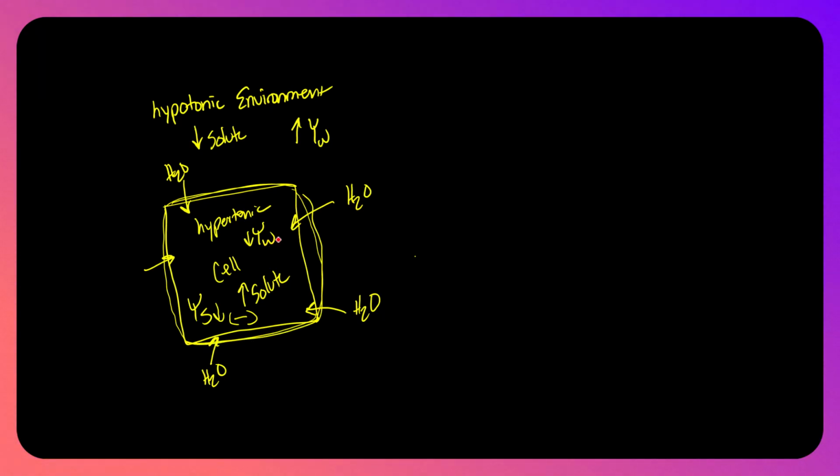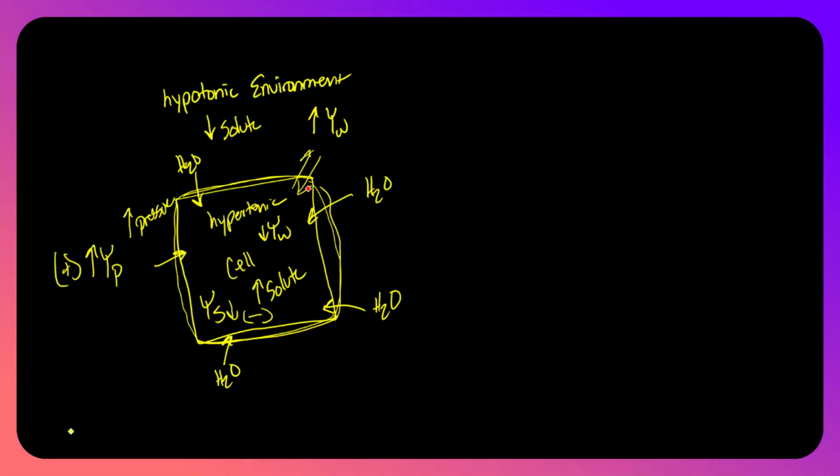And as the water moves in, it's not only increasing the amount of water inside of the cell, it's actually going to increase the pressure inside, which is going to cause that potential energy of the pressure to rise. And again, that is a positive number. As the pressure increases and the amount of water increases, it causes this water potential to increase, which is actually going to create a dynamic equilibrium with the environment and will cause them to be the same.